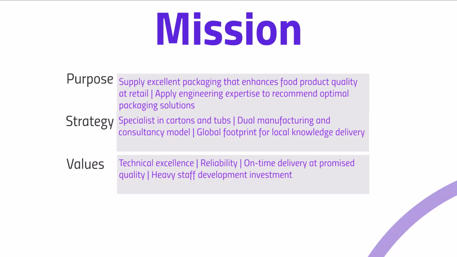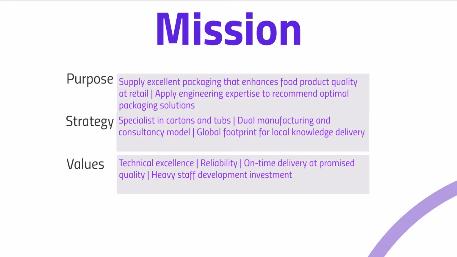Now, the on-time delivery commitment in particular is not aspirational, it's a commercial obligation. A food manufacturer whose production line stops because packaging didn't arrive has a real financial problem. So Cartn's reliability is the commercial foundation of those client relationships.